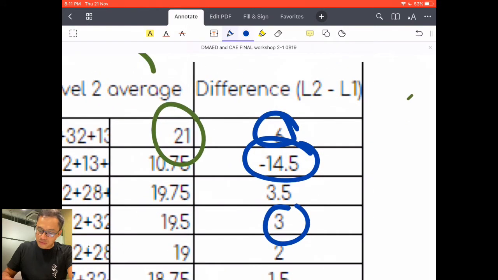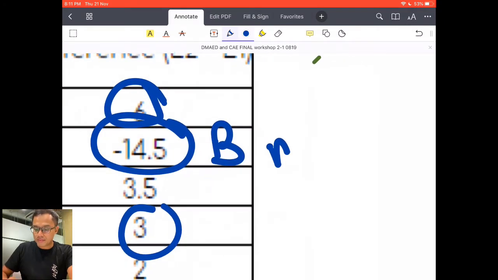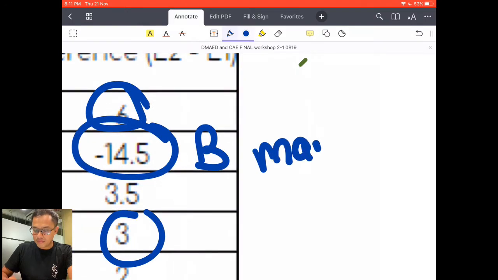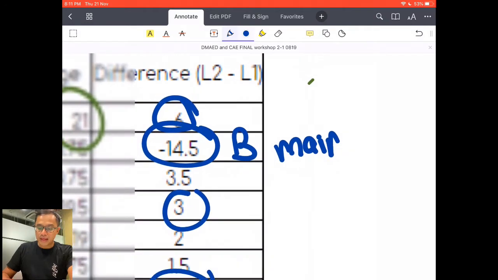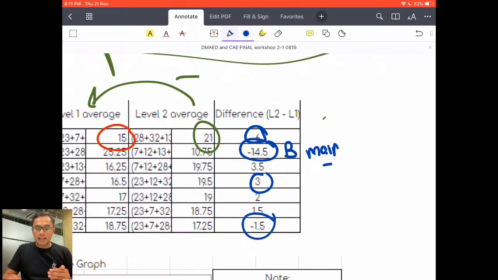The biggest value belongs to B. Even though it's negative, it is still the biggest magnitude. So B is your main factor. And B has a negative value. That means if B goes from level 1 to level 2, your tool cutting edge process will drop. So we must not have B going high.